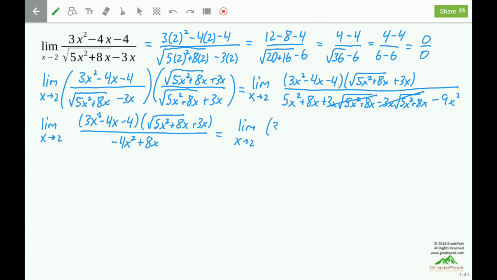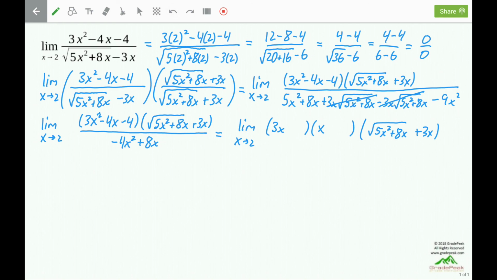Since it's 3x squared, it will be factoring to a 3x and an x, and then we have the remaining expression of 5x squared plus 8x plus 3x. What we need are two numbers that multiply to be a negative 4, so one will need to be positive, one will need to be negative, and then add to a negative 4 after one of them is multiplied by a 3 due to the 3x right here.